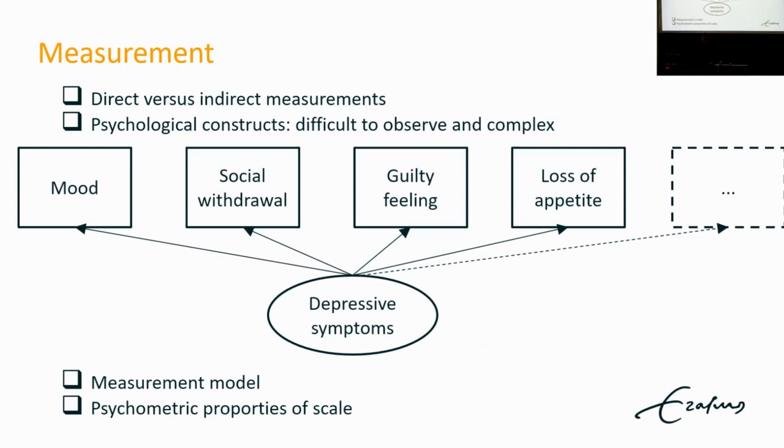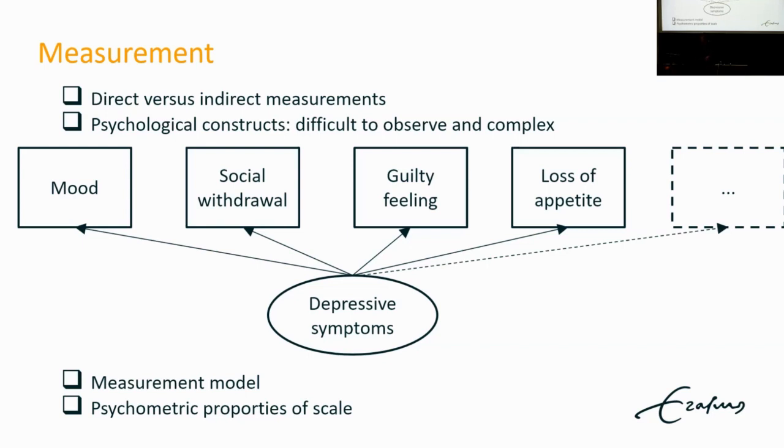So for this, we use a measurement scale, an instrument, often a questionnaire, and we need a measurement model to link the indicators, to link what we observe, in this case the answers to the questions on the questionnaire about depression, to the underlying, not directly observable construct, which is depressive symptoms.